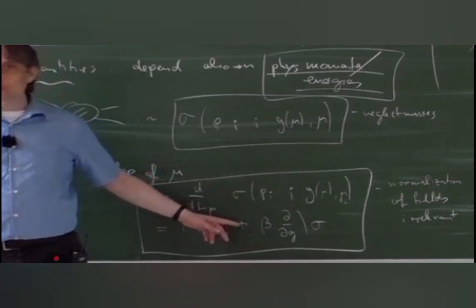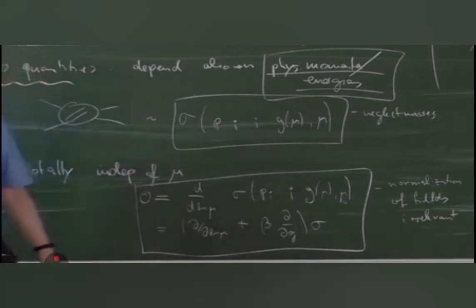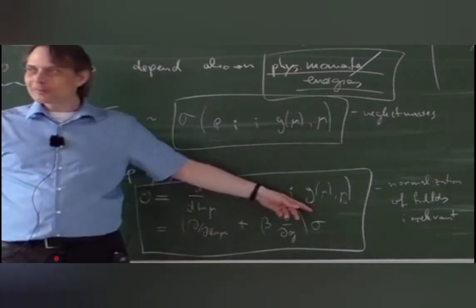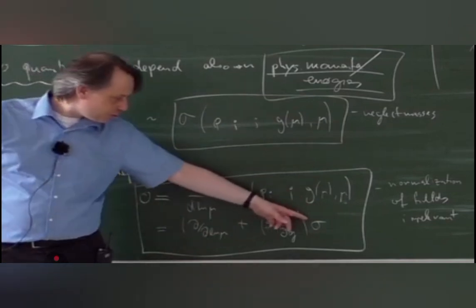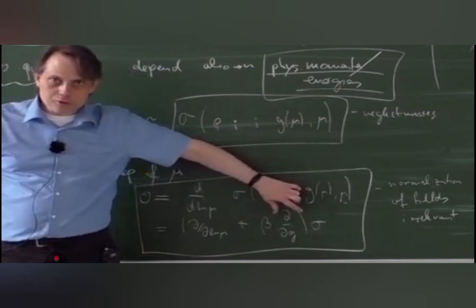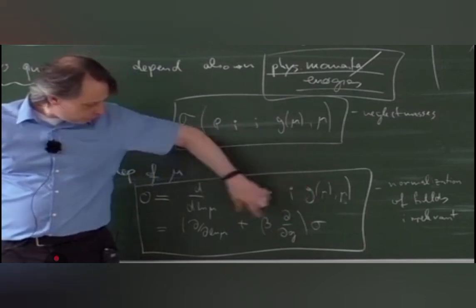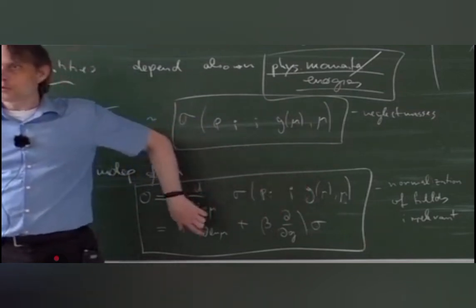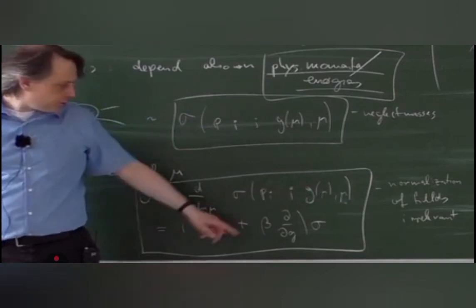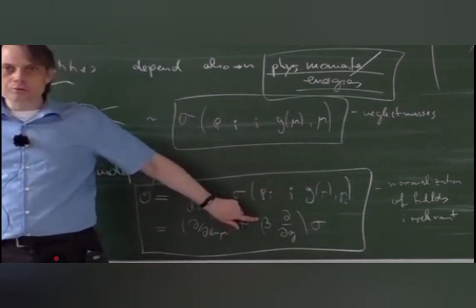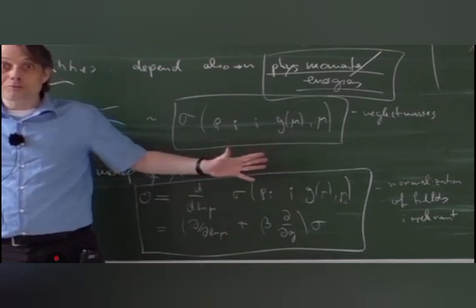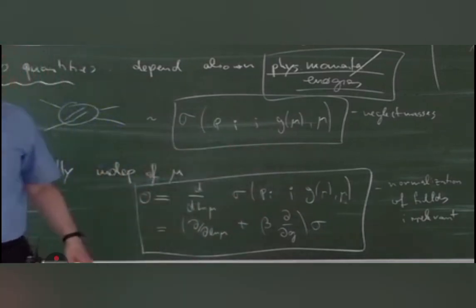At tree level, okay, clever. Yeah, very good. I didn't think that far. But in general, if you plug in the tree-level result for the cross-section, then of course it depends on the coupling. Therefore, this term is non-zero. This term is 0. Therefore, it doesn't immediately satisfy the renormalization group equation. But indeed, you are right. If you now consider that the beta function is of higher order, then it is consistent.